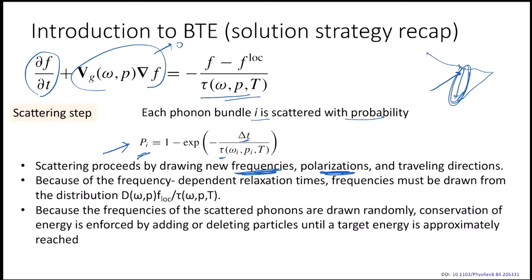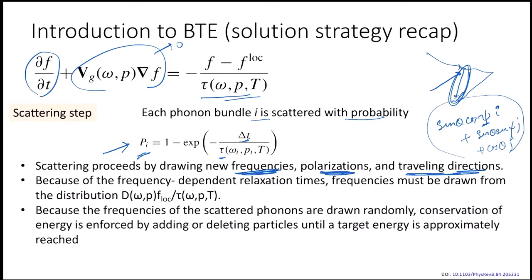And we would choose this wave vector direction also, or the traveling direction. So traveling direction in 3D was sine theta cos phi i cap, plus sine theta sine psi j cap, plus cos theta k cap. If you remember, theta was the polar angle, psi was the azimuthal angle.